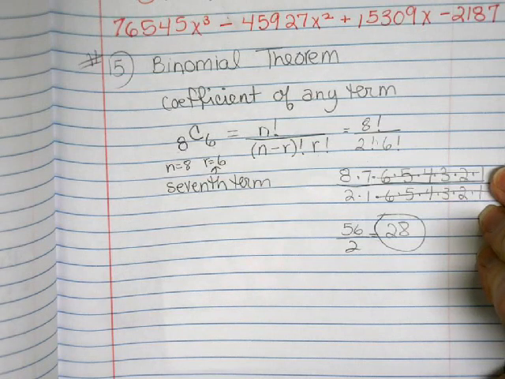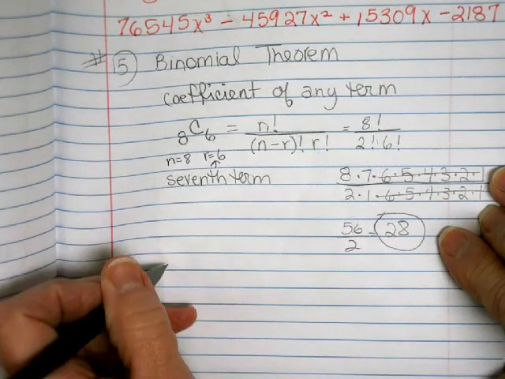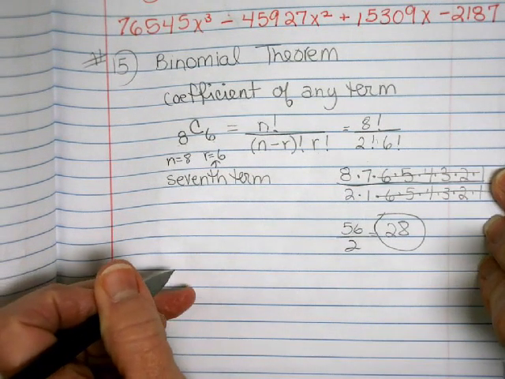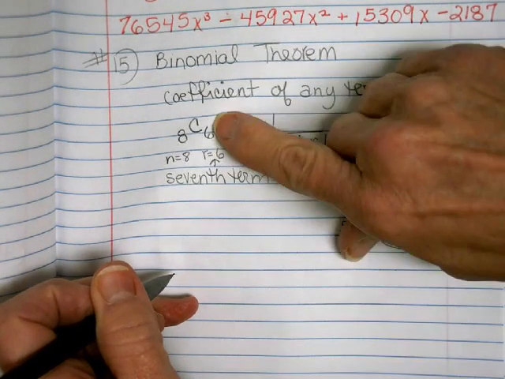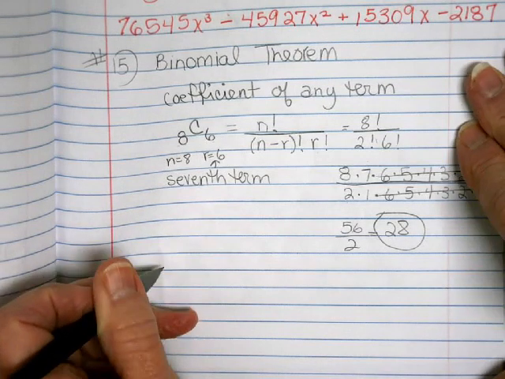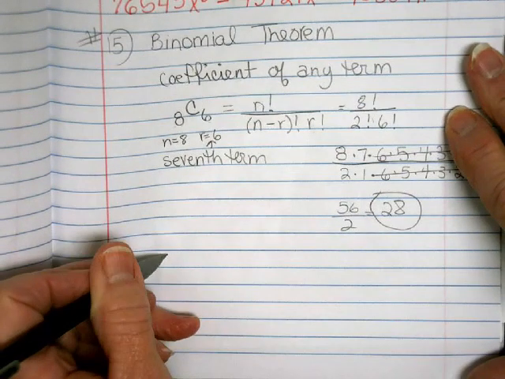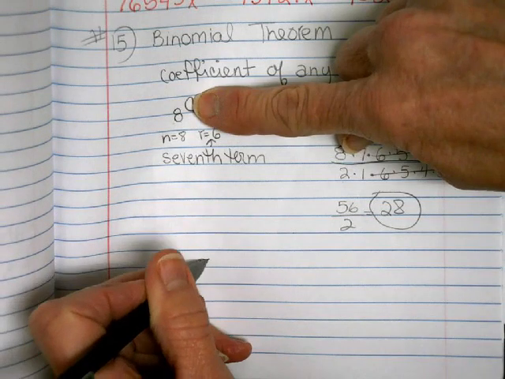Okay, here's an even more streamlined way to get this number. There is a button on your calculator that will let you do this operation. So I want to show you how to enter it. You put in your power, 8.